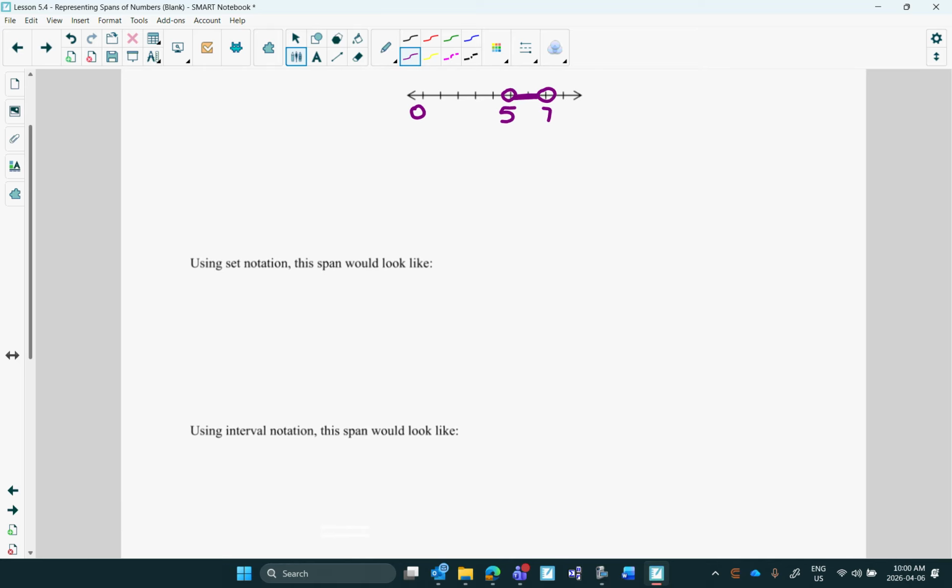How about set notation? 5 is less than X and less than 7. We put the boundaries on the ends, 5 and 7. We put the X in the middle, but because we're not including, we just put less than. We don't put the little bars underneath.